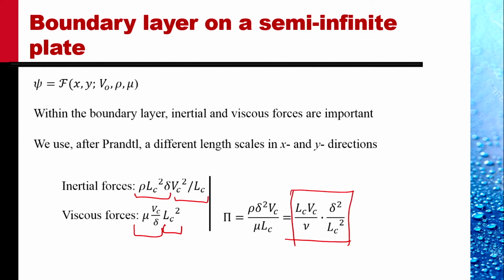Now, this pi number should be of the order 1. And if this is order 1, we can obtain delta by Lc in terms of Lc Vc by nu, which is nothing but Reynolds number.